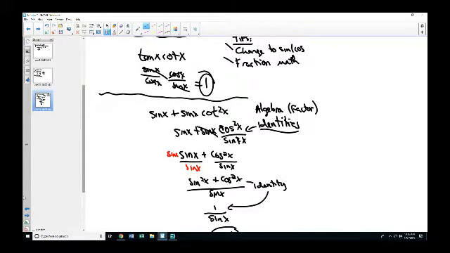Can we factor this? What can we take out of both terms? Sine. So here's one method, here's number 2: factor a sine x out. Okay, I'm going to make notes here: factor.